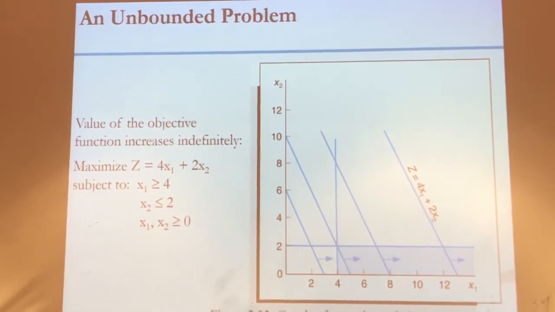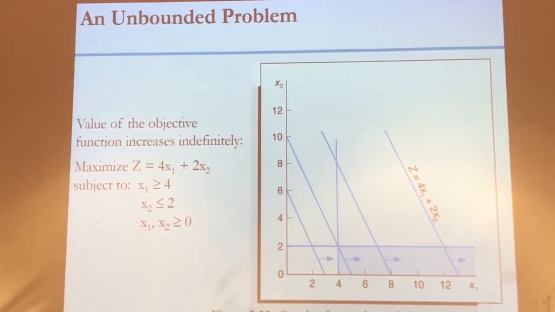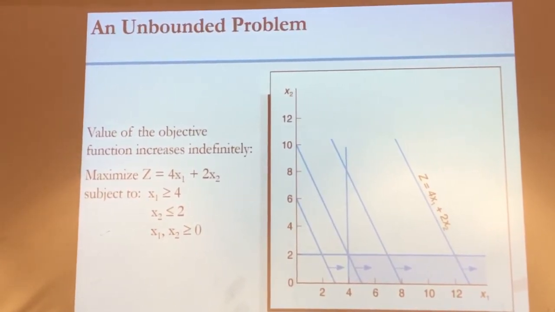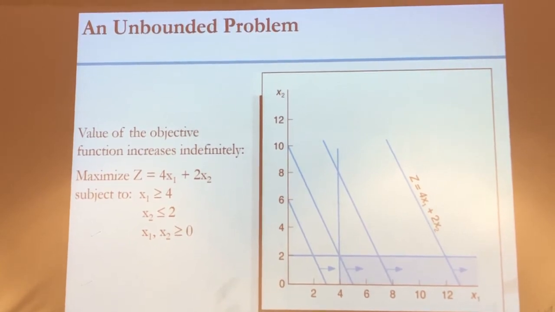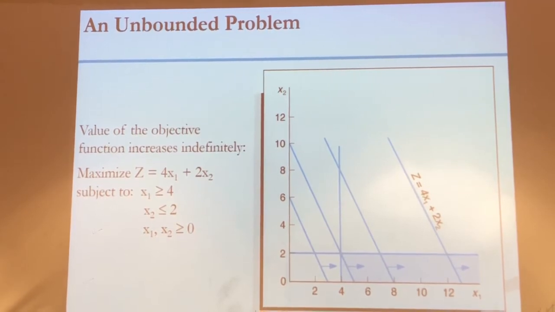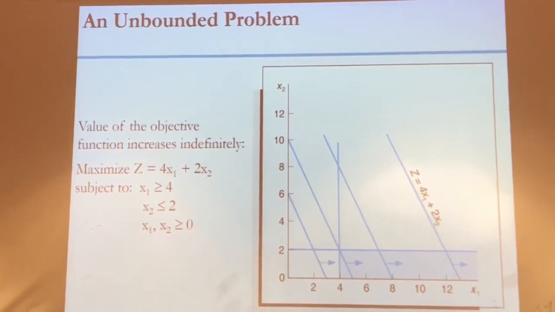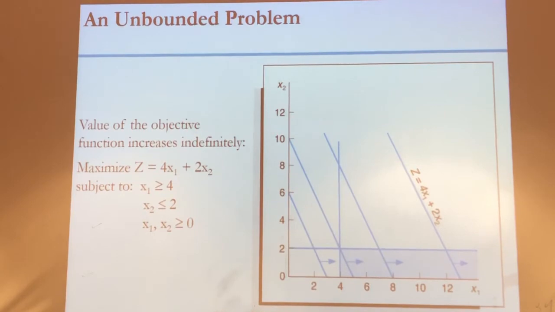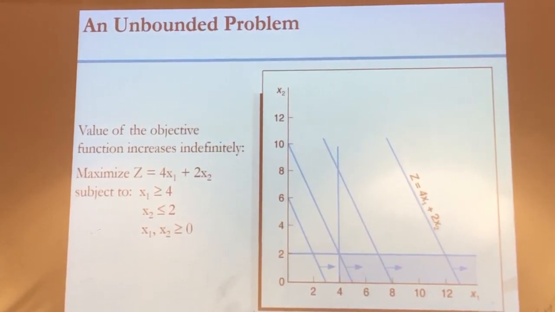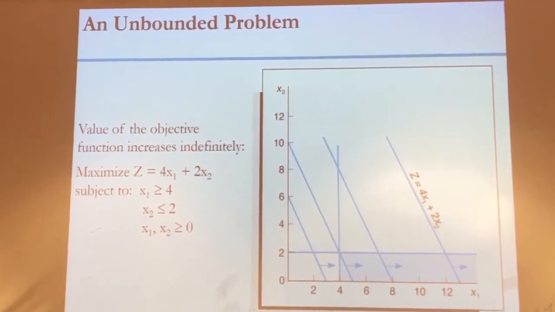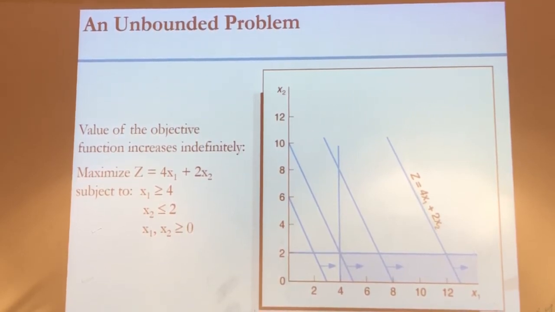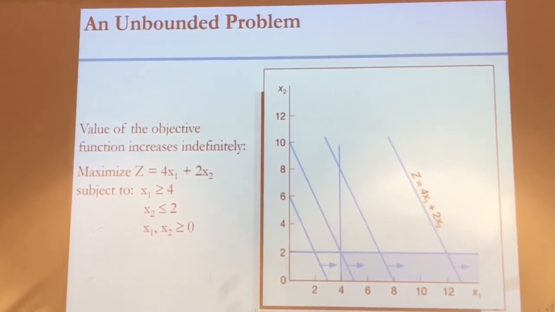If I ask a multiple choice question or a true or false question, that unbounded problem occurs in minimization problem, true or false, you will say false because it occurs only in maximization problems. So you can expect such kind of questions in your final exam. Clear? So you should know that unboundedness occurs in maximization problems.